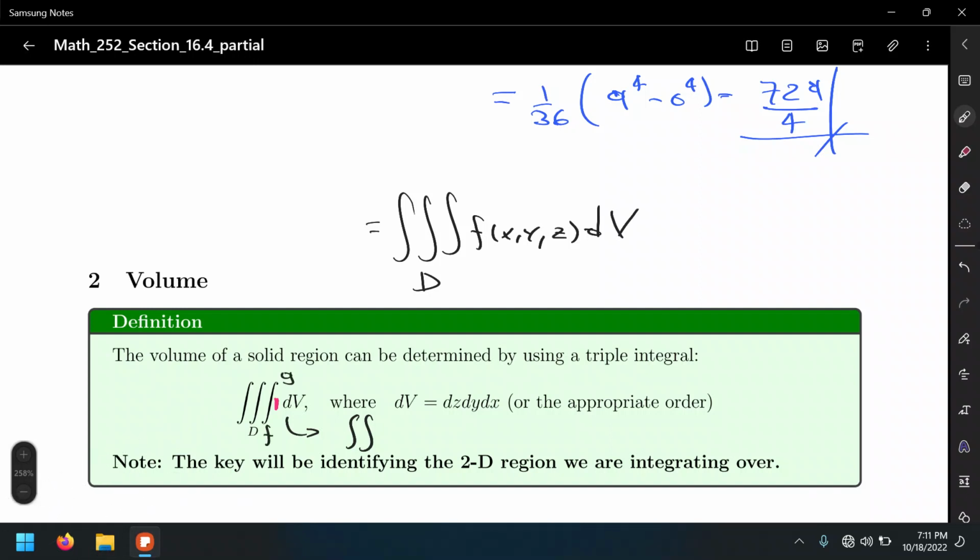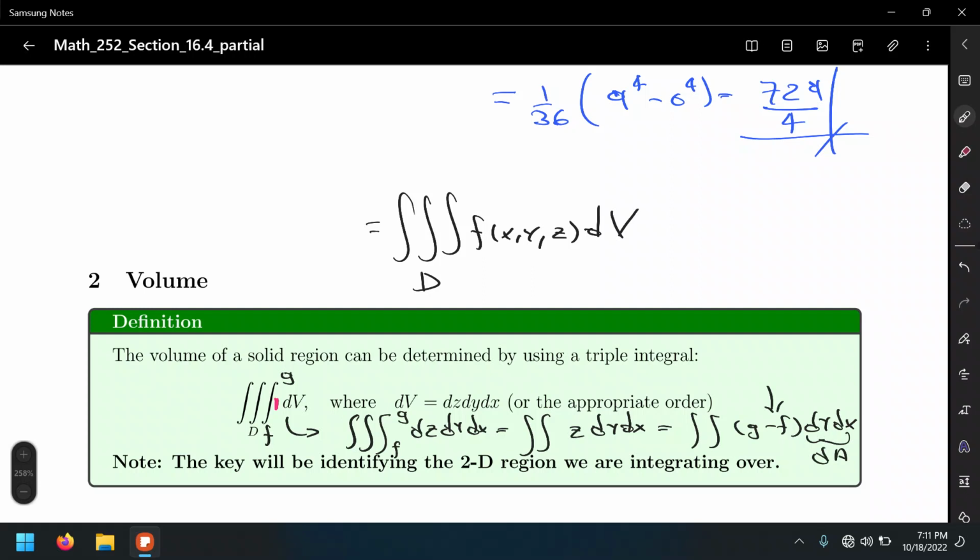Let me do the triple integral, f and g, dz dy dx. If we do the first integral, that's going to be z, dy dx, and that z is basically g minus f, dy dx, which we can call our dA.